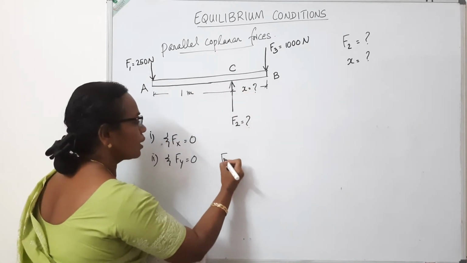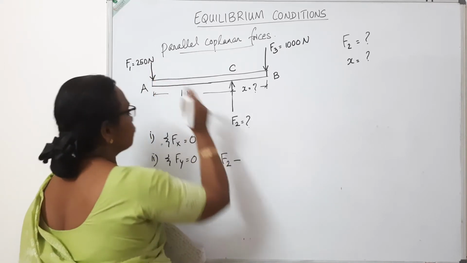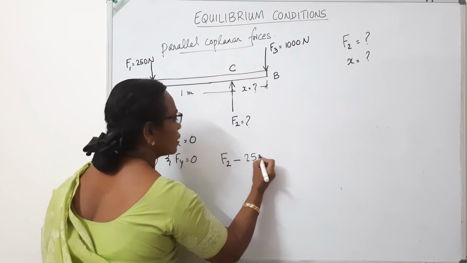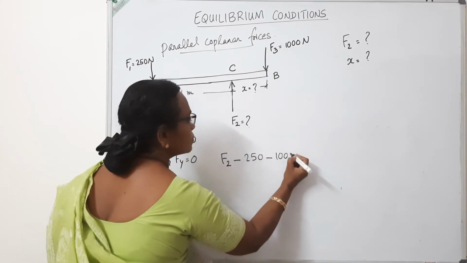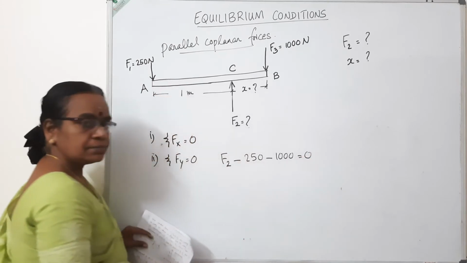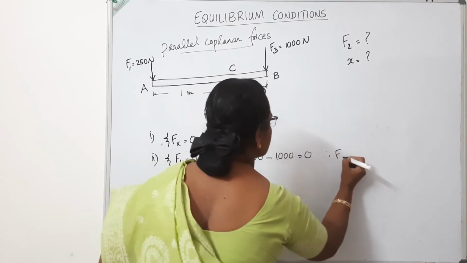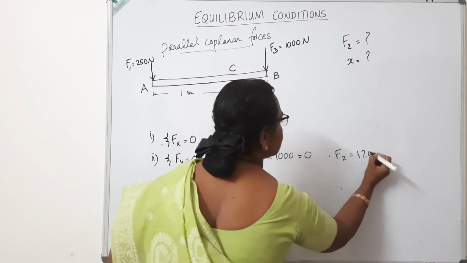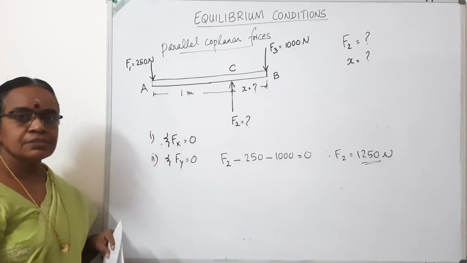So sigma Fy: F2 upwards, minus F1, which is 250, minus F3, 1000, is equal to 0. From that we get F2 is equal to 1250 Newton. Very simple. We have got the value of the force.